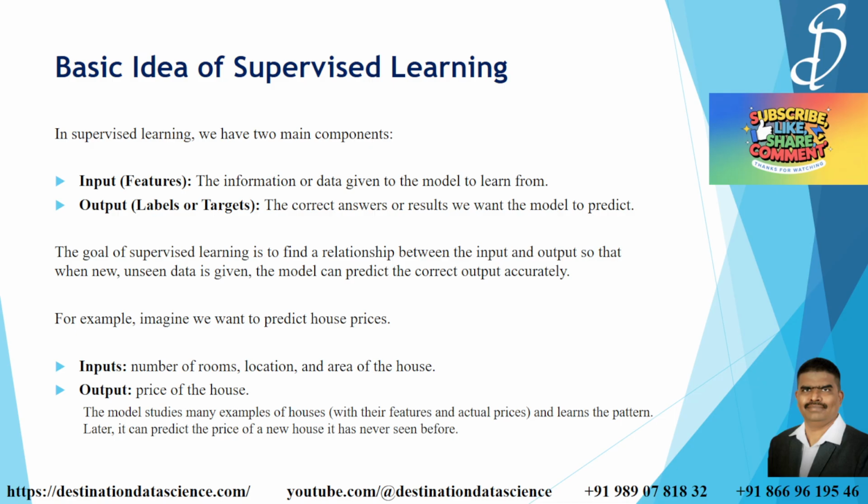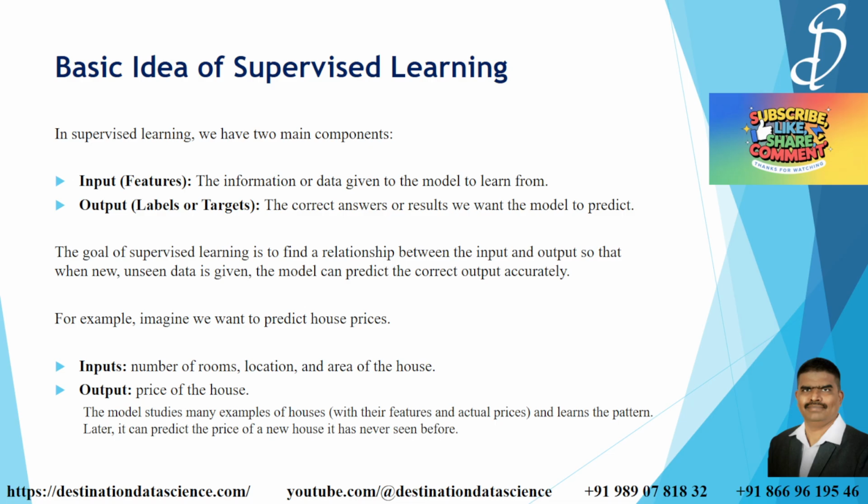As I told you, we have one example right below: house price prediction. In this you have the number of rooms, location, number of parking spaces, swimming pool, the area of the house, and all those things. This will be my input, and based on that I will find the output, the price.